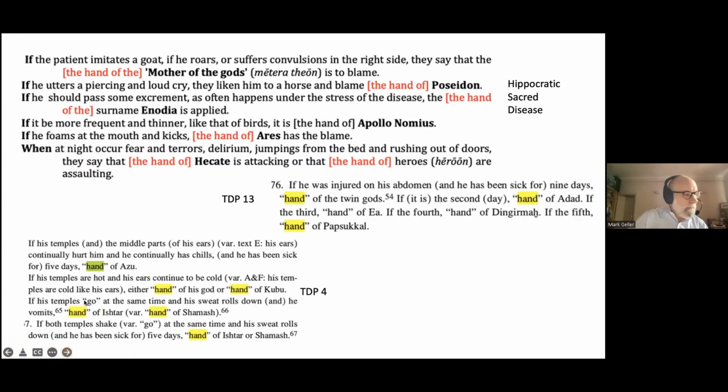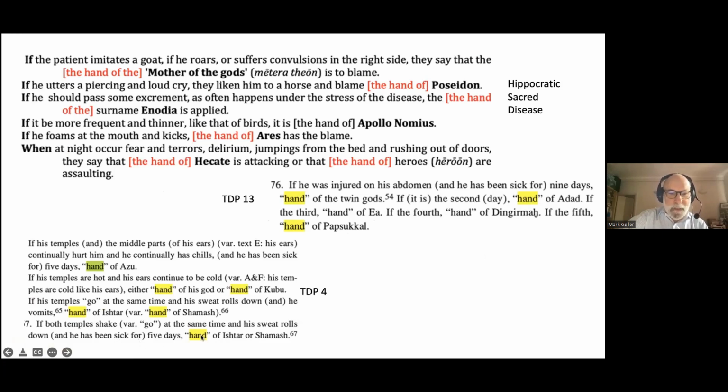Now, what I'd like you to do is to compare this passage with the Akkadian Diagnostic Handbook. You can see it on the slide here. At the bottom, you have the hand of Azu. If he's injured, he has the hand of the twin gods, hand of Adad, hand of Ea, hand of Papsukal. I don't have to read all these out to you, but you can just run your eye over them.